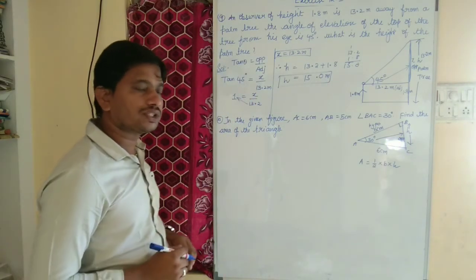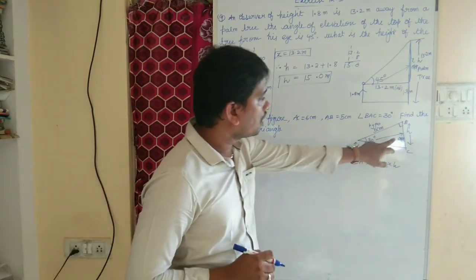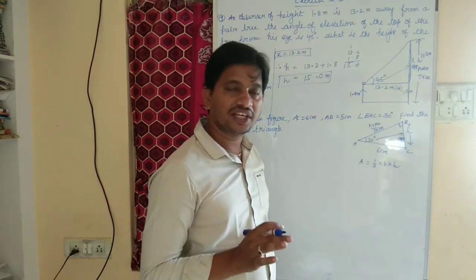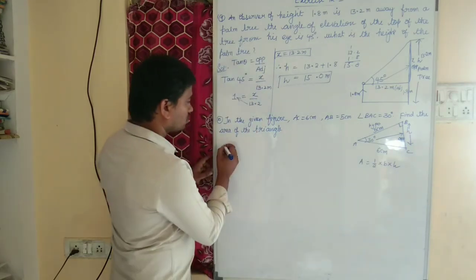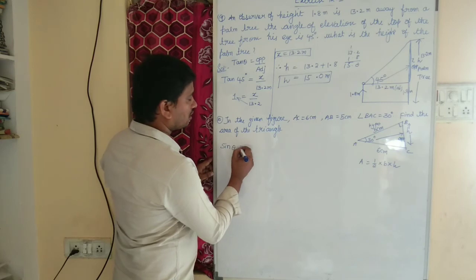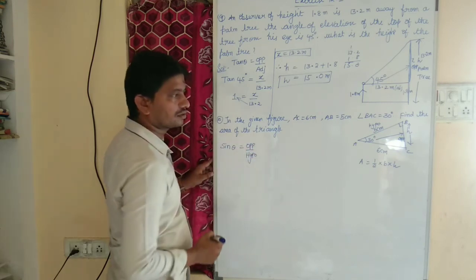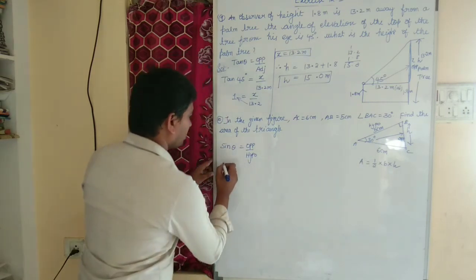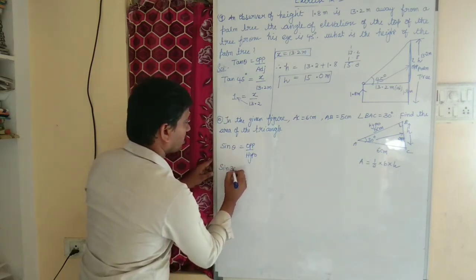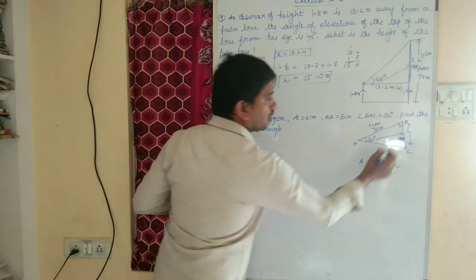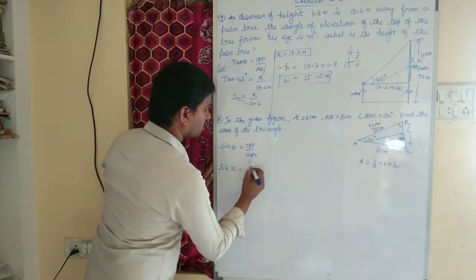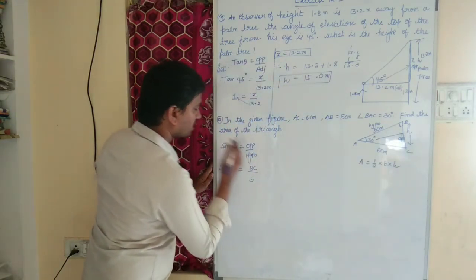What is the trigonometric function whose ratio is opposite side by hypotenuse? That is sin theta. So sin theta equals opposite by hypotenuse. What is theta, children? Theta is 30. So sin 30 equals opposite side BC by hypotenuse 5 cm.